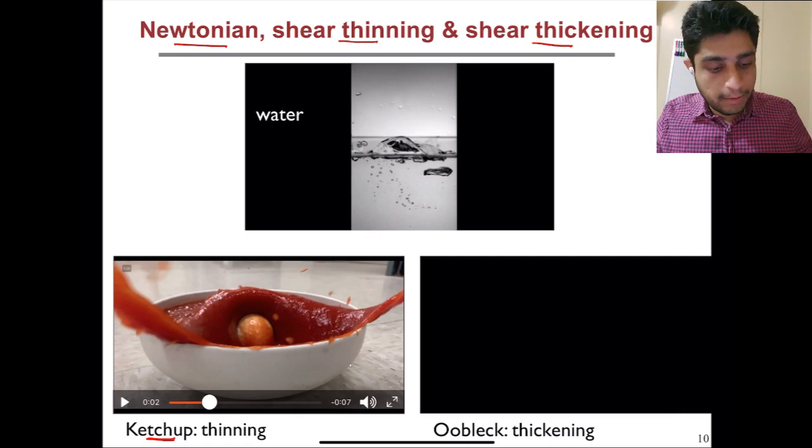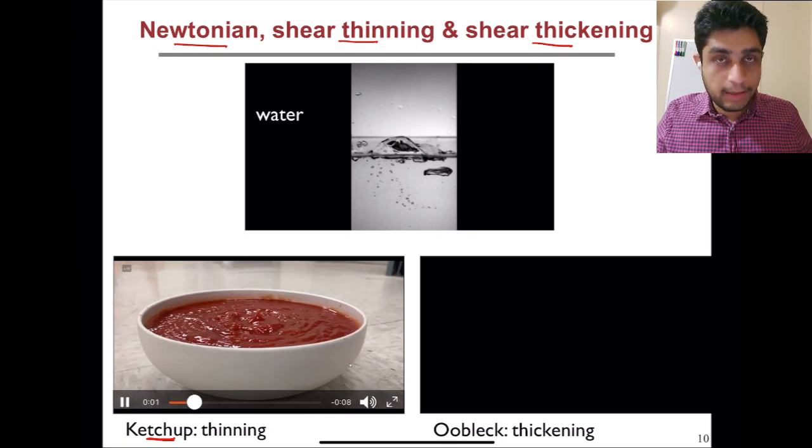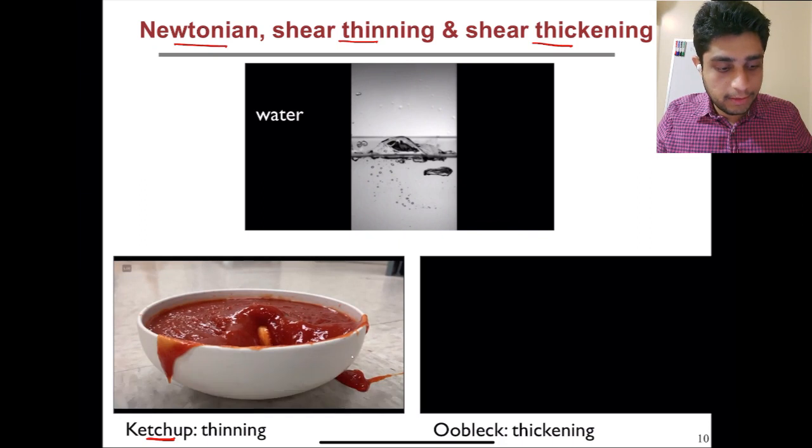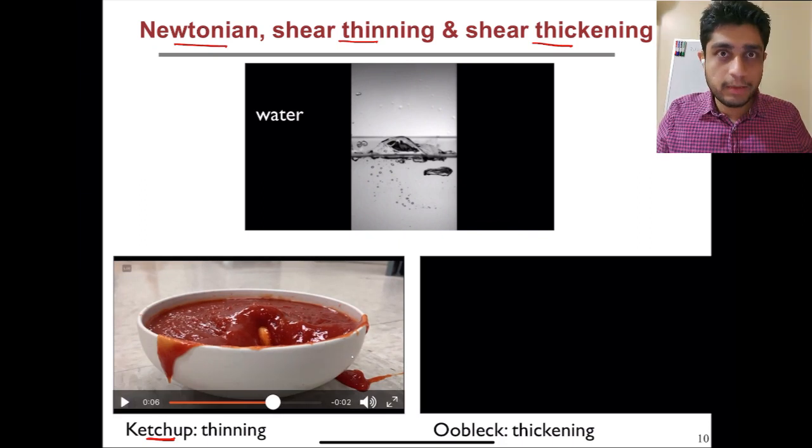But as the ball decelerates, the deformation rate also decreases, and the apparent viscosity increases, and that then easily resists further deformation, and then again it kind of goes back into its earlier solid-like state.